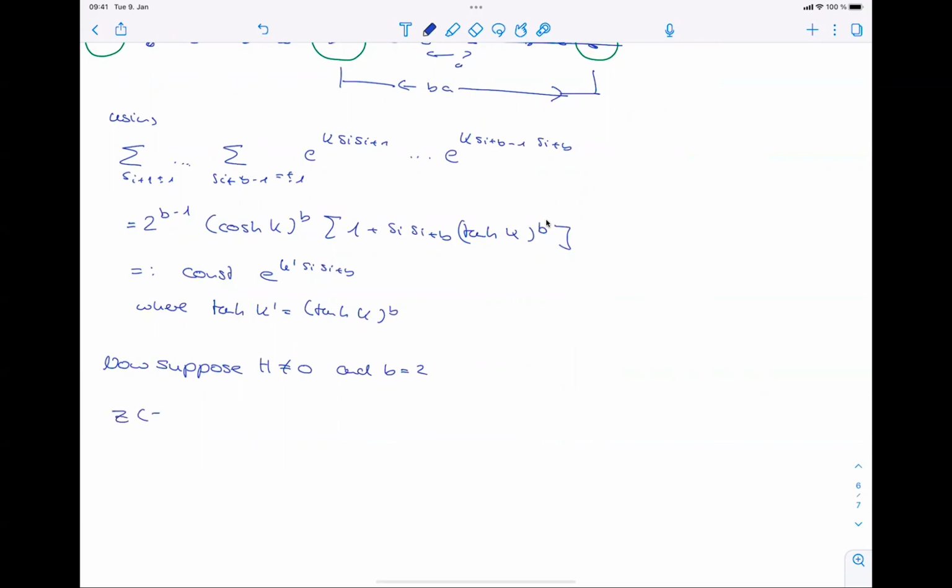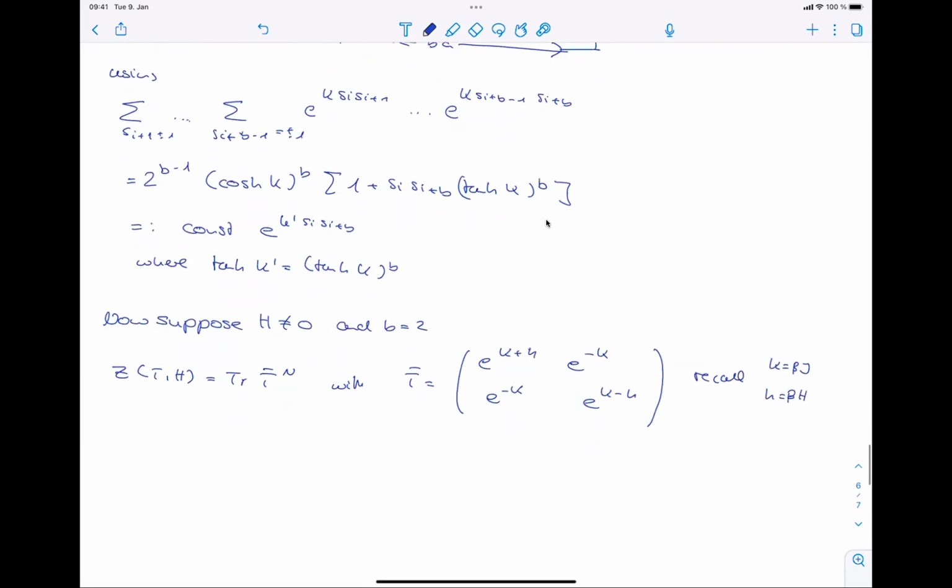So we wrote the partition sum as the trace of the transfer matrix to the power of N, with the transfer matrix being defined with e^{K+h}, and so on, where recall that K was beta J and small h is now beta times capital H.